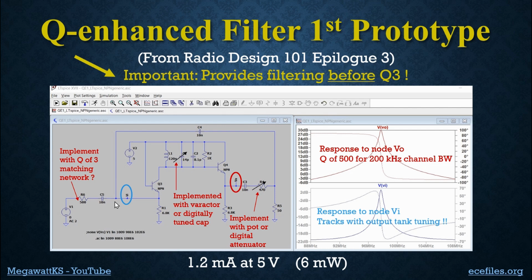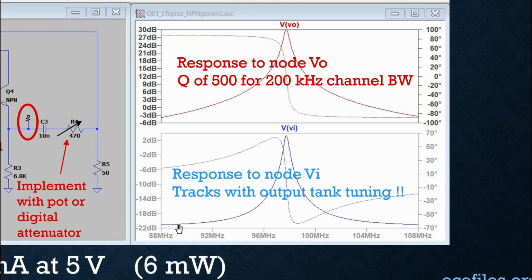That sounds bad, but it's actually very, very good. That's what yields this blue curve here. This is the gain from the source to the input node voltage. And outside the passband of the filter, we get hit with a 20-ish dB attenuation. That's due to that voltage division we just talked about.